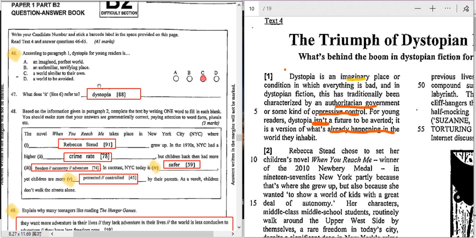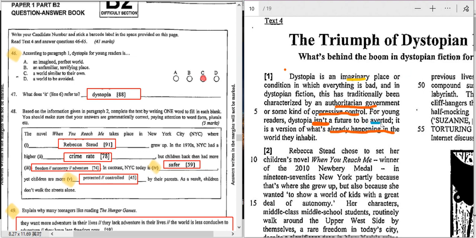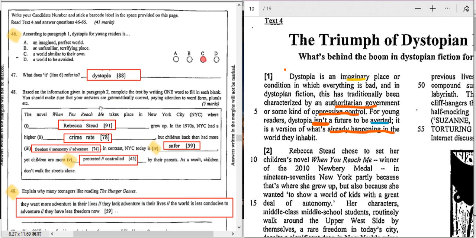Quite on the contrary, it is very familiar to young readers, and that's why C is the answer. D, of course, is not, because it's not a world to be avoided as put here. It isn't a future to be averted. Averted is another word for avoided, so quite the opposite. So C should be the answer. Of course, 47 refers to dystopia.